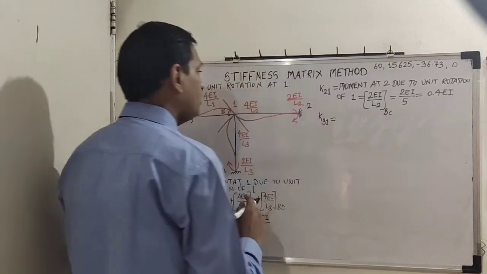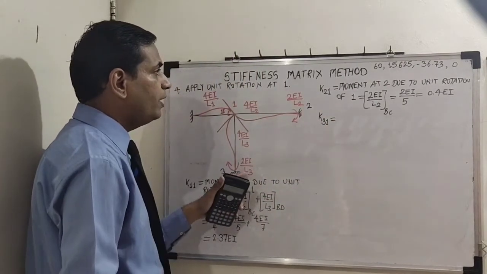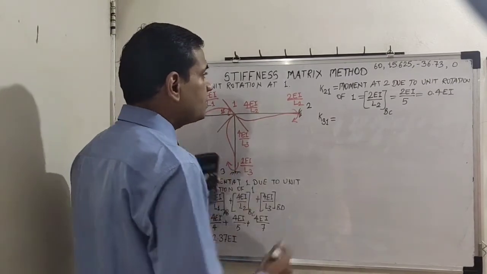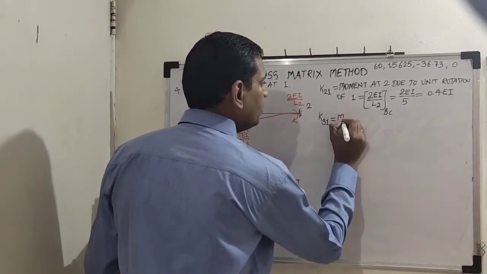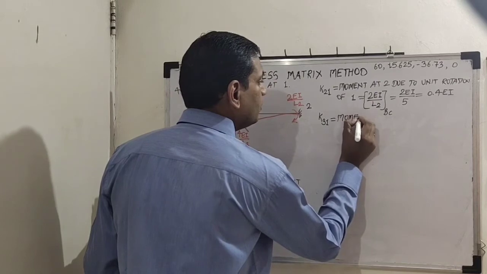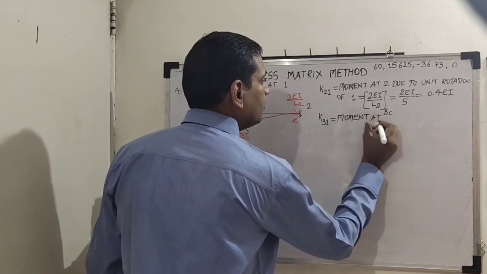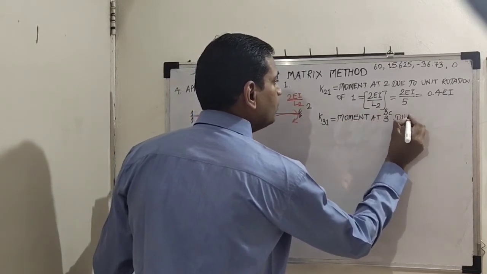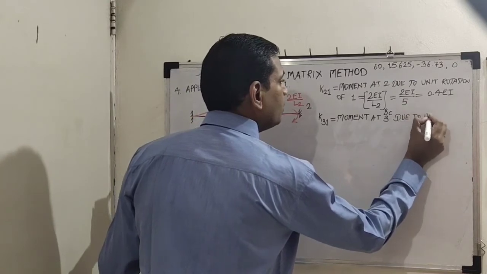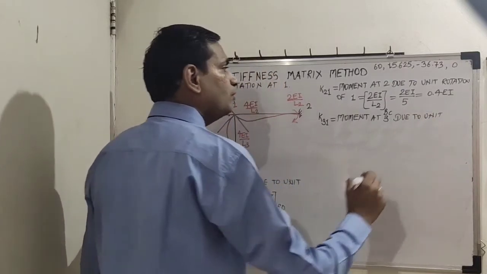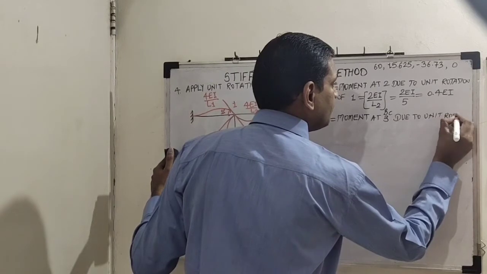Then K31. What is K31? 2EI by L3. And meaning of this, moment at 3 due to unit rotation of 1.